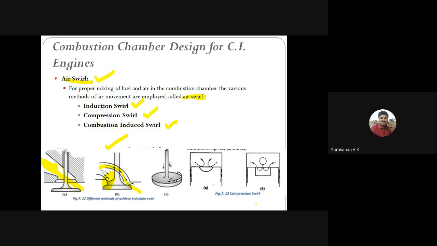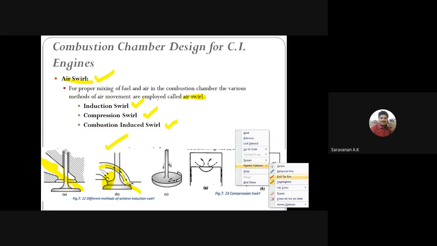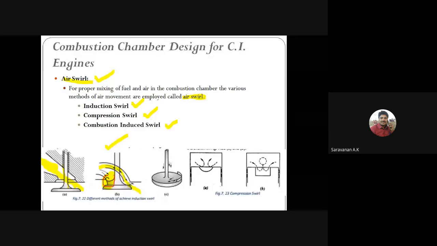Usually the mask, the covering portion, will be 90 to 140 degrees. For better tangential action of air movement, we can use the third method.